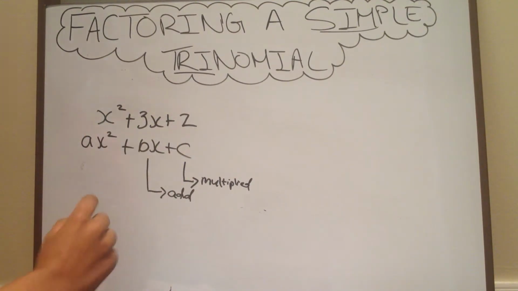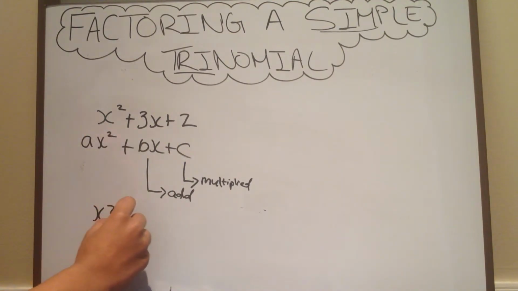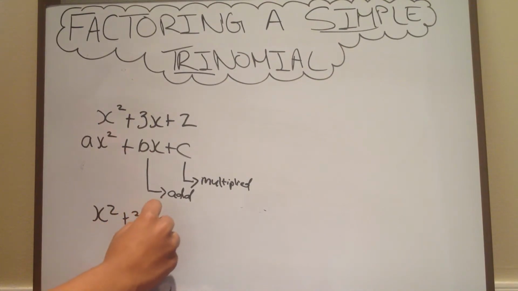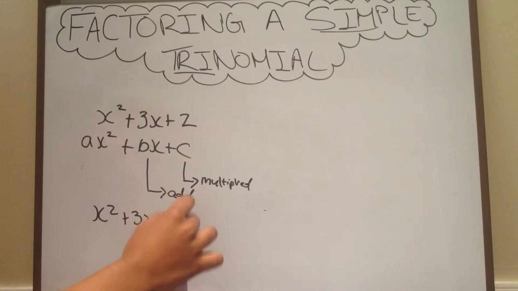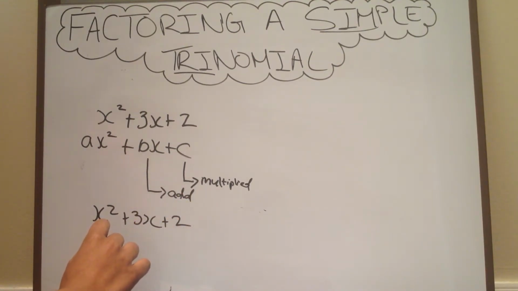So what I mean by that is, if you have x squared plus 3x plus 2, you can say, well, what two things multiplied equal 2? So 2 times 1 equals 2. That works. And negative 2 times negative 1 equals 2. That works too.